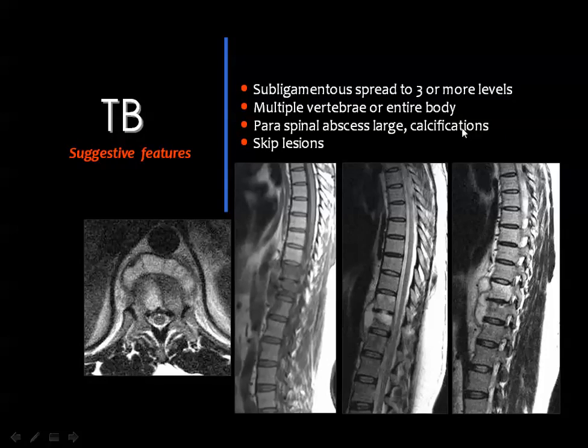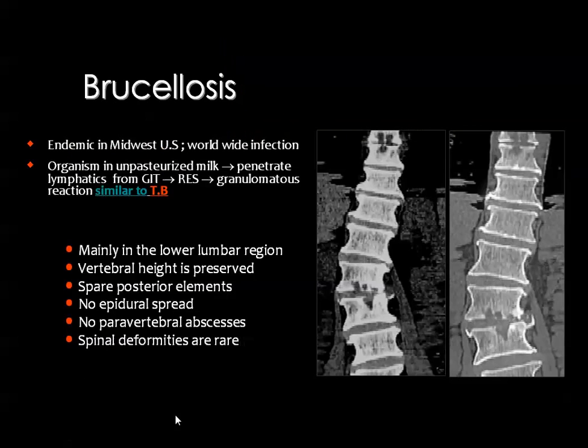This is also one of the pathognomonic features of TB, and as I have said, the skip lesions are one of the supportive criteria for the diagnosis of tuberculous spondylitis.